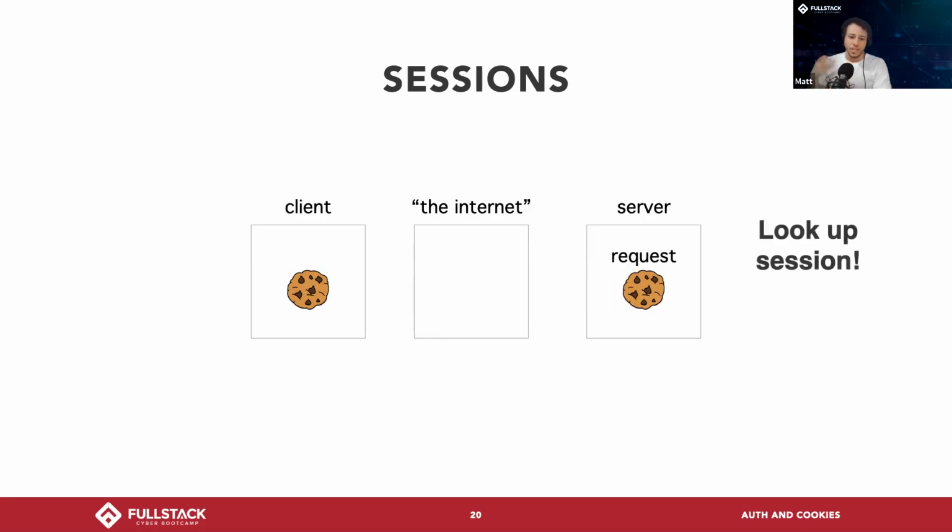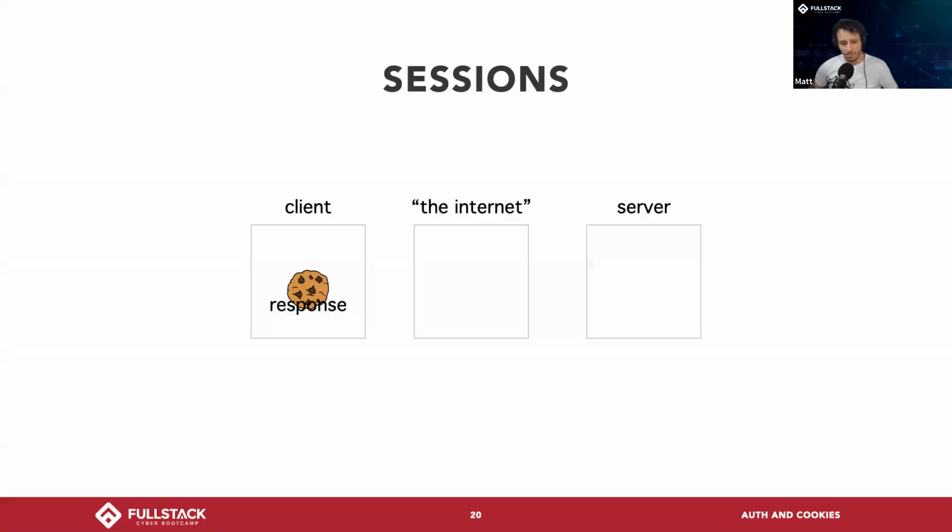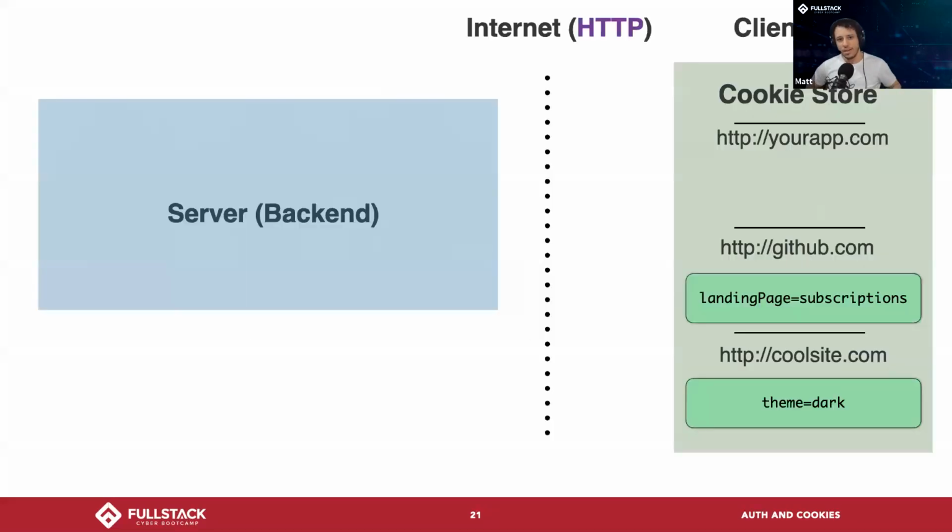Once my new request with a cookie goes to the server, it's going to say, hey, there's a cookie on this request, let's look up the information we have. So it looks up the session information and sends the response with whatever is appropriate, maybe my custom settings when I'm logged in or something like that. Cool. Let's look at this again in slightly more detail.